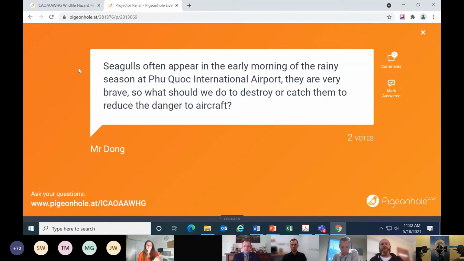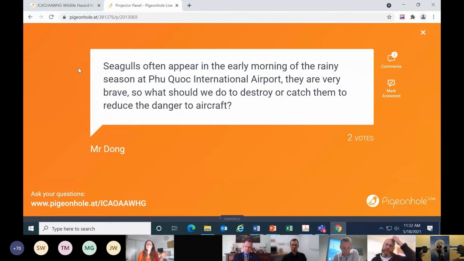So dispersing as they arrive will help to reinforce that the airport isn't where they should be. Seagulls are also particularly curious birds. They tend to move towards danger to see what it is. So, for example, one of the things that's used very effectively is the distress signal, which has pre-recorded sounds of birds in distress.